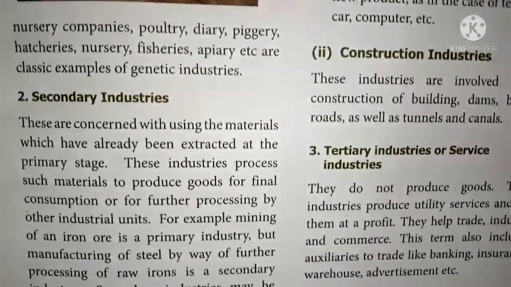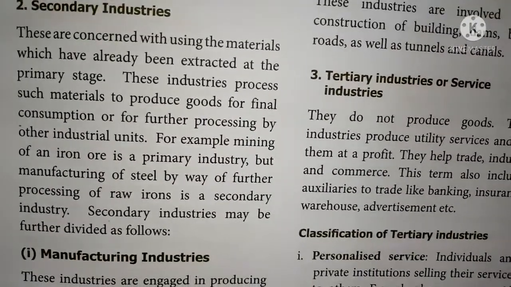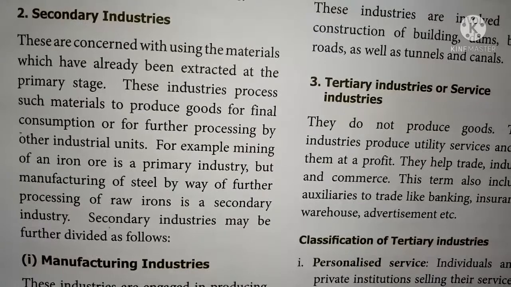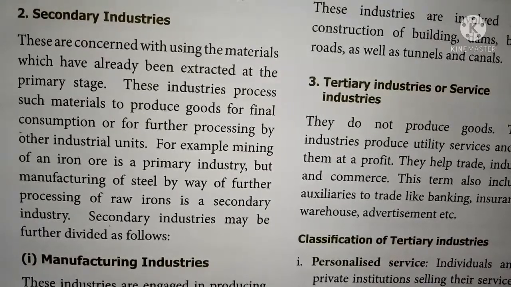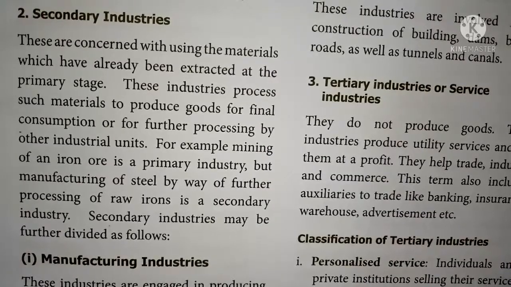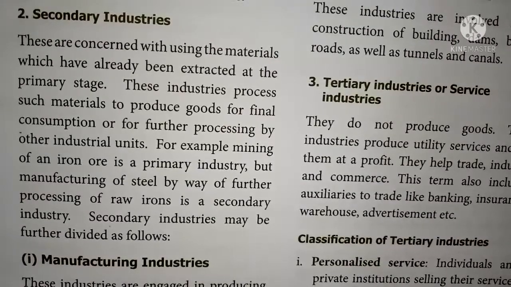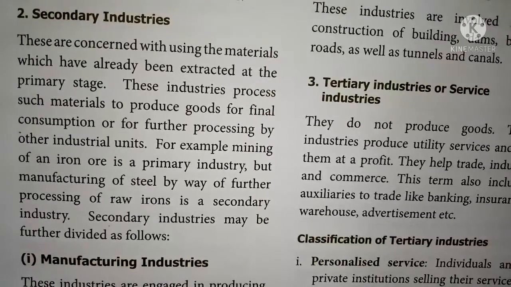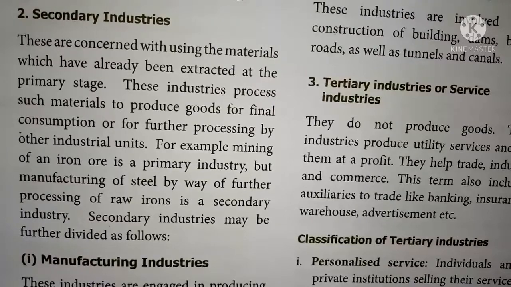Next, secondary industry. Secondary industry means those industries which are concerned with using the materials which have already been extracted in the primary industry. The products produced through primary industries are used in the secondary industry for further production.